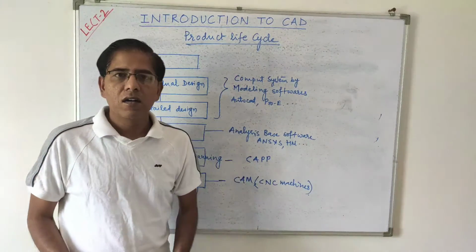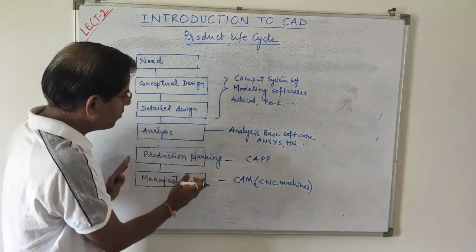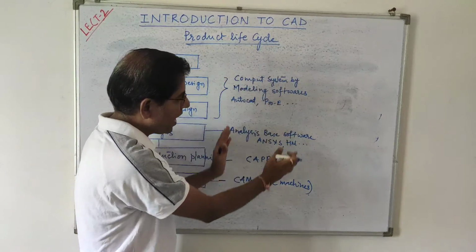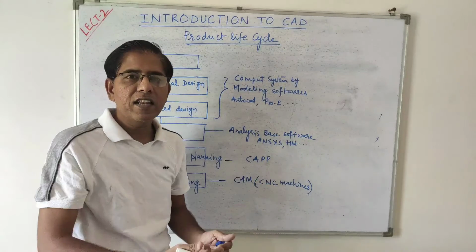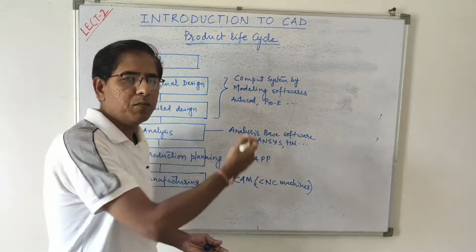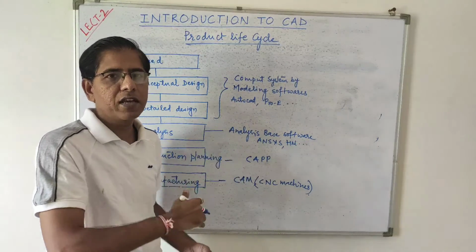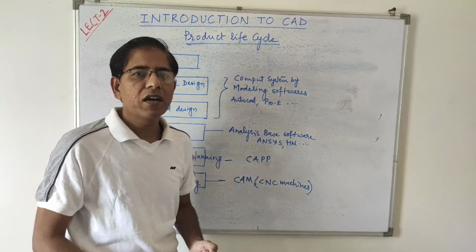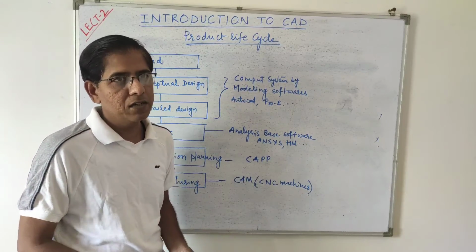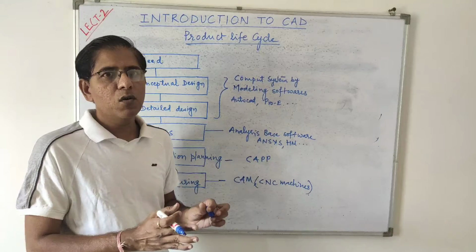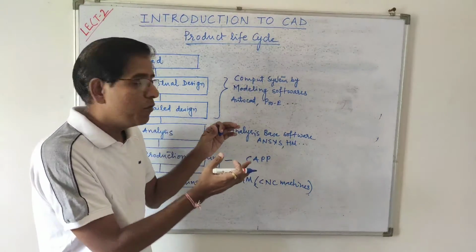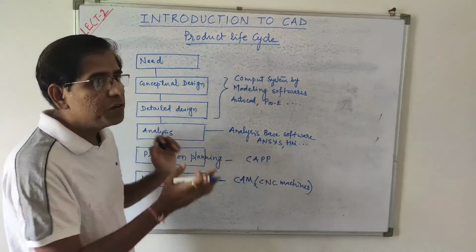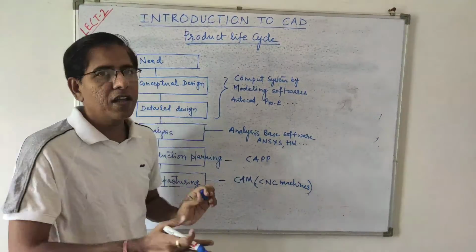So this is a conventional product life cycle, and this is a CAD implemented product life cycle. So wherever there is an implementation of computer system in product life cycle, it becomes a CAD implemented product life cycle. So hope you understand why the CAD is important, and where the computer system can be introduced in the product life cycle.